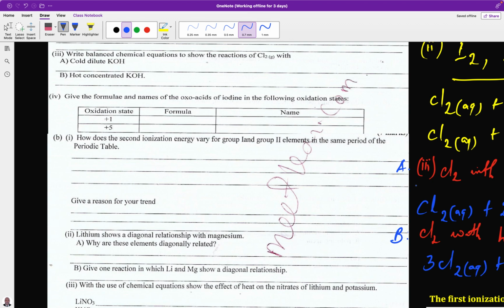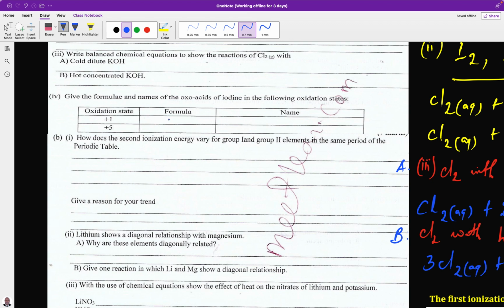For +1, we will have hypoiodous. If it is chlorine, we'll call it hypochlorous. If it is bromine, we'll call it hypobromous. So it is hypoiodous for +1.